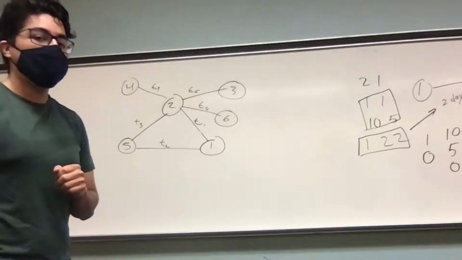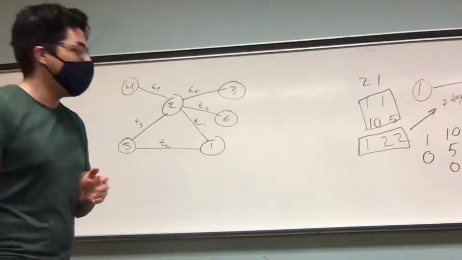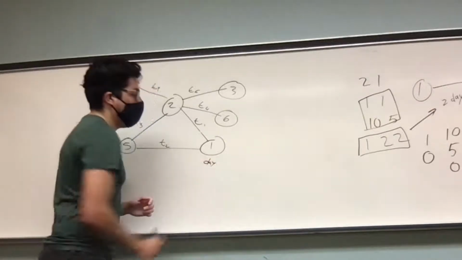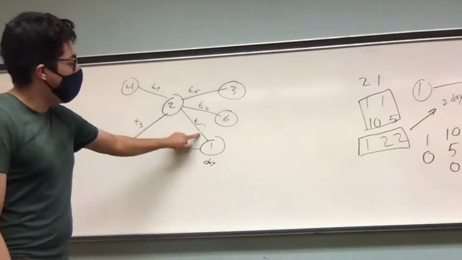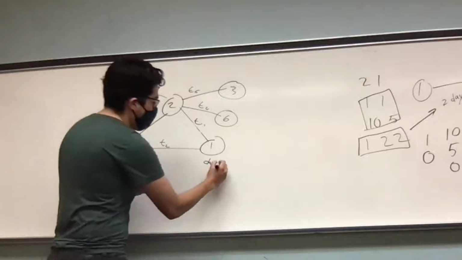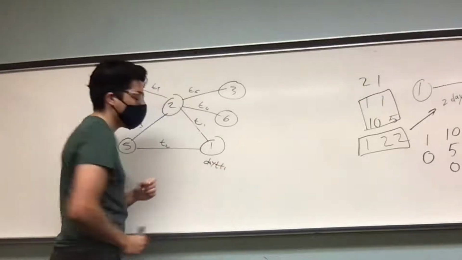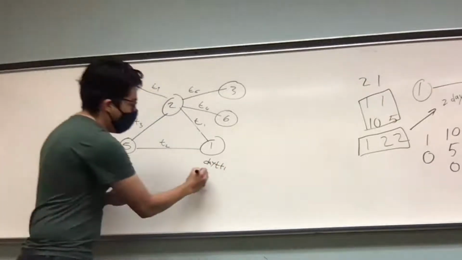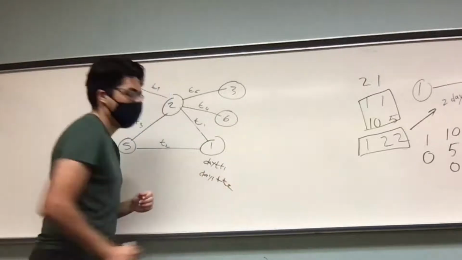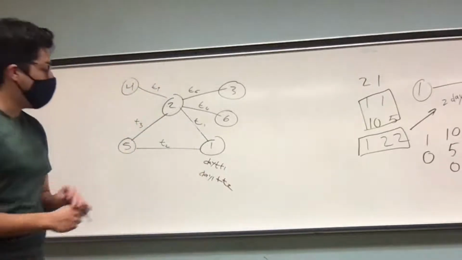So we can keep track of the day we're currently in, starting from day 1 here. And then we add the number of days to traverse that path to this. So day 1 plus T1, or day 1 plus T2. Makes sense?